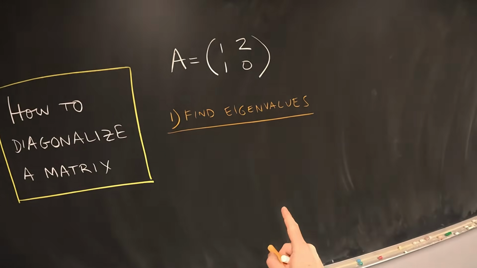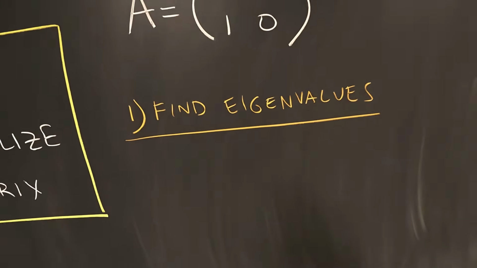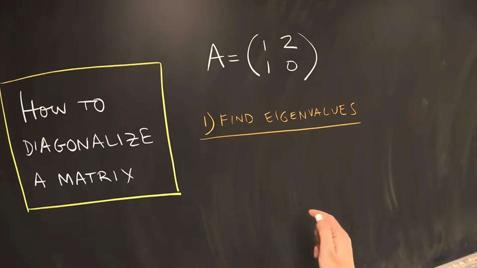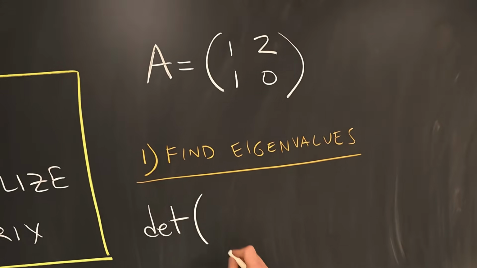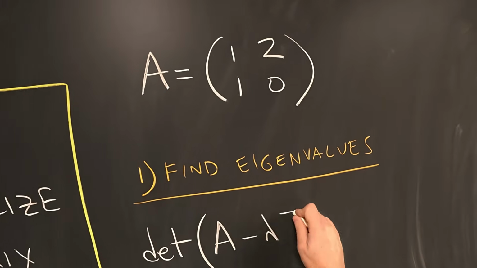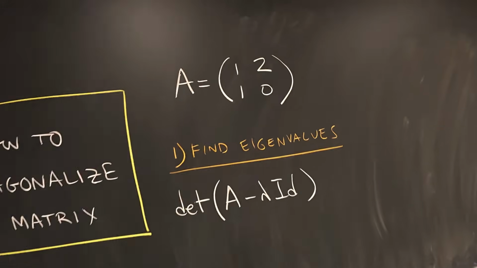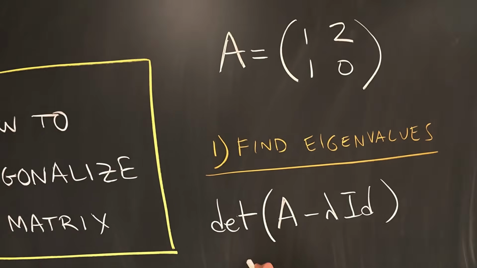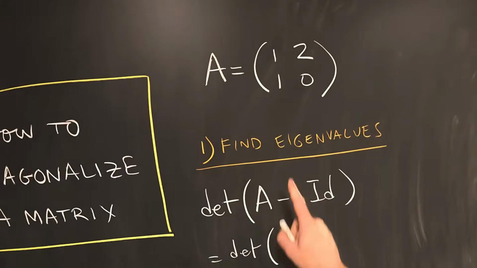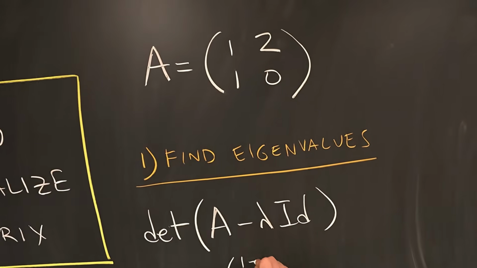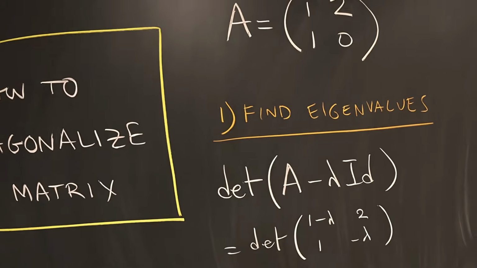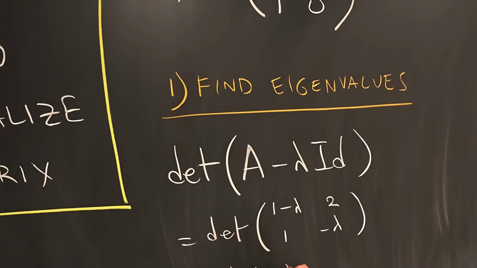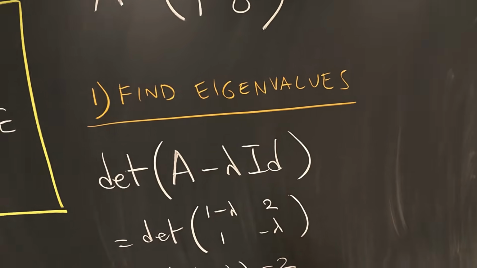I have done this in another video, so I'm going to be a little bit quick about it. Here, what you do is you find the determinant of A minus lambda times the identity. That is the determinant of the matrix 1 minus lambda, 2, 1, minus lambda, which is minus lambda times 1 minus lambda, minus 2.